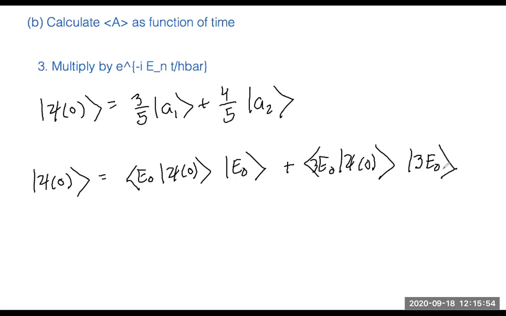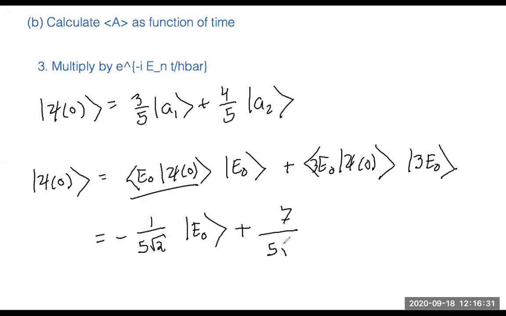I have to write this in terms of the energy eigenstates in order to do my multiplication factor. If I look back at my previous information, E naught times psi 0 was equal to minus 1 over 5 square root of 2. Plus, my 3 E naught one was 7 over 5 square root of 2. These were the values right before I did that squaring.